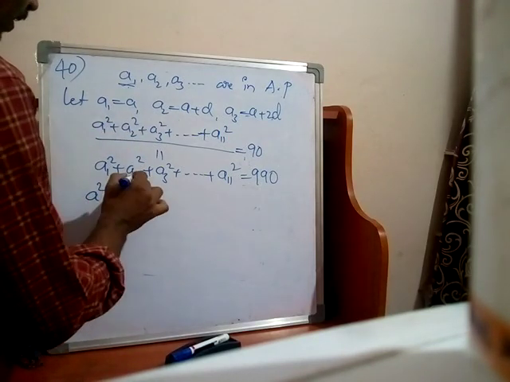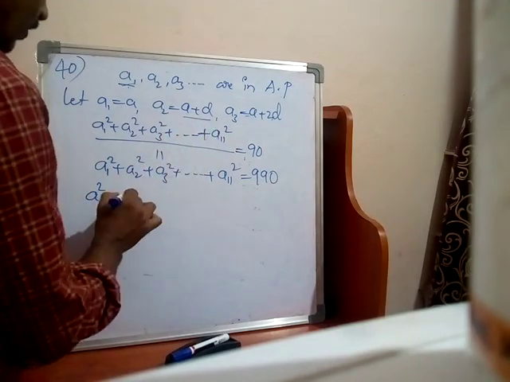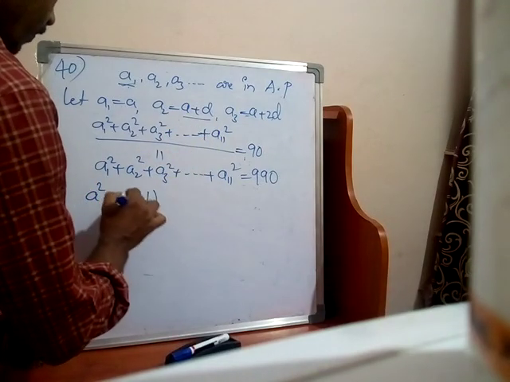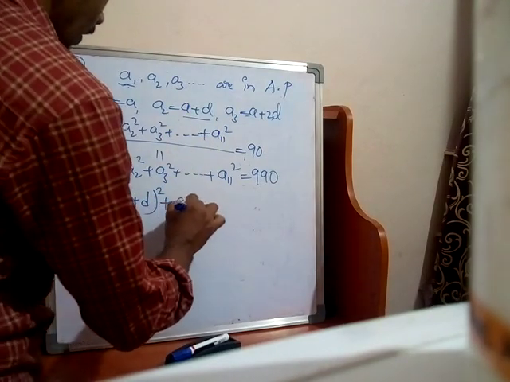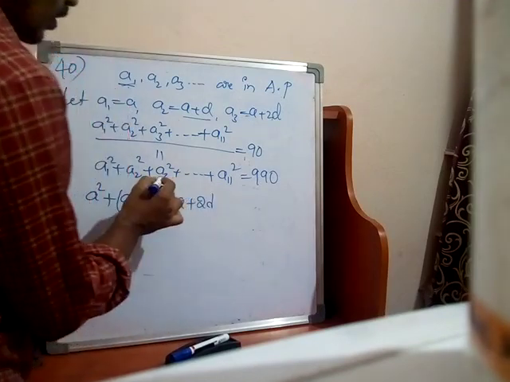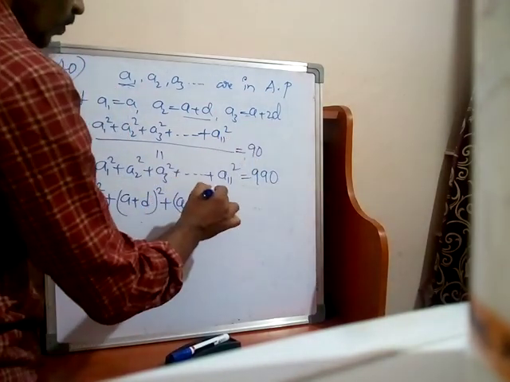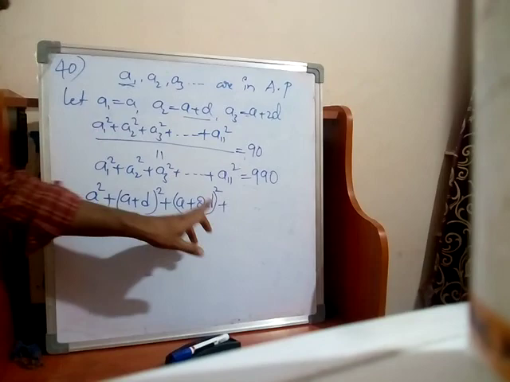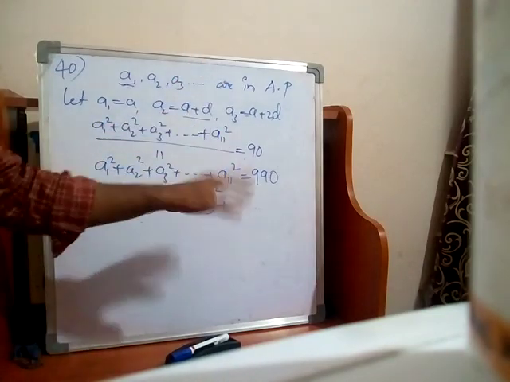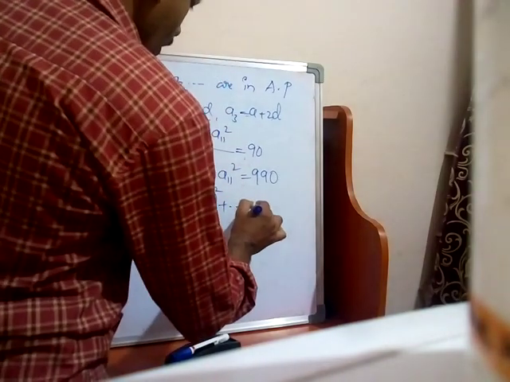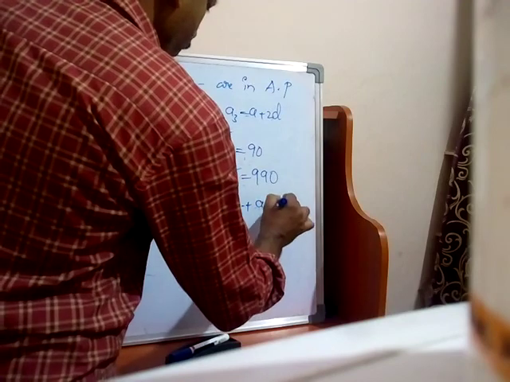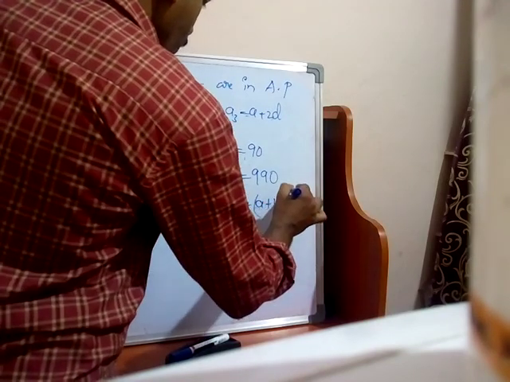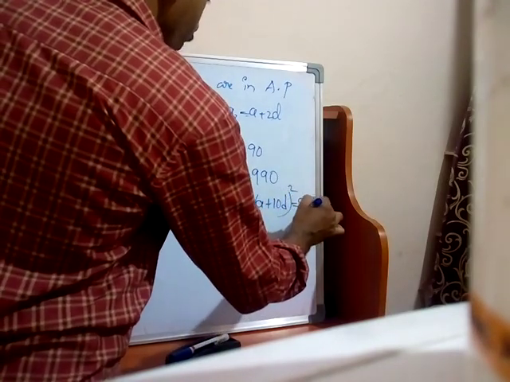A square. A2 means A plus D whole square, A3 means A plus 2D whole square, like this. Next A plus 3D whole square, A plus 4D whole square, and so on up to A plus 10D whole square, that is equal to 990.